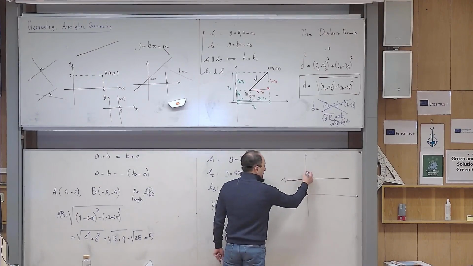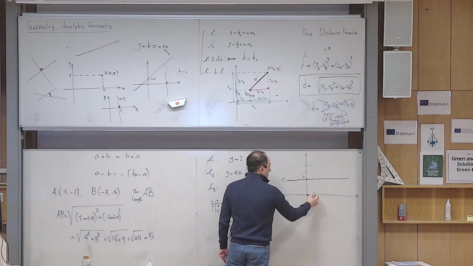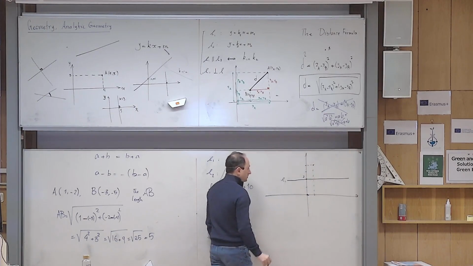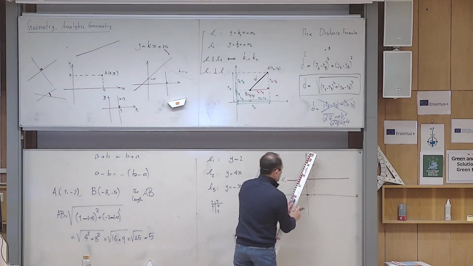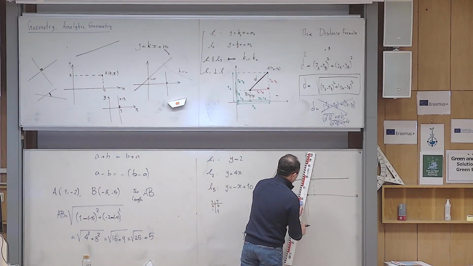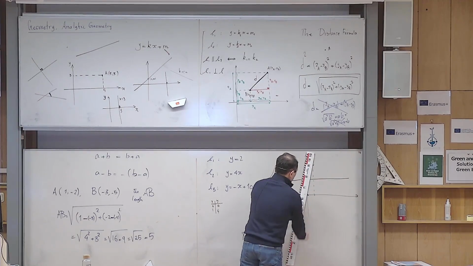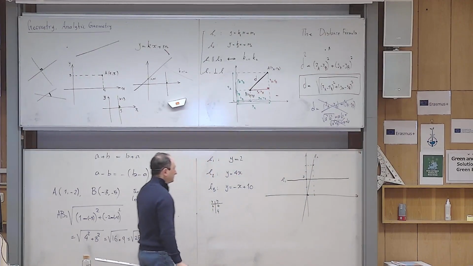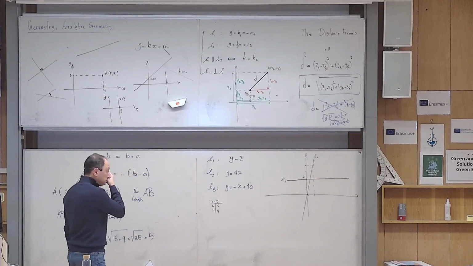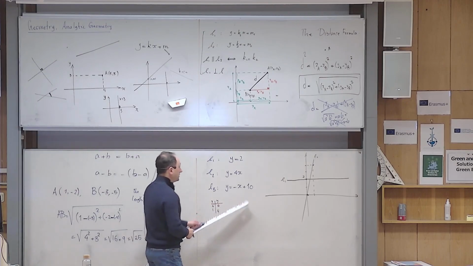So if this is 2, let us say this is 3, and this is 1. So that's another point. So I need to connect them. Yes? So for example here. So this is another line. This line is L2. Okay, so it might be this number 10 is a little bit crazy.